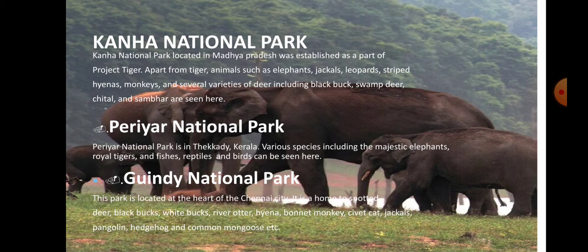I have been to Thekkady and seen this beautiful sight there. You can always see wonderful elephants there, the majesty of the animal kingdom. This is Periyar National Park, located in Kerala.